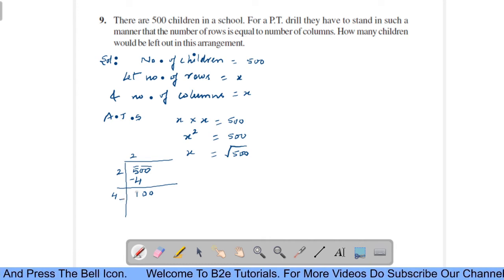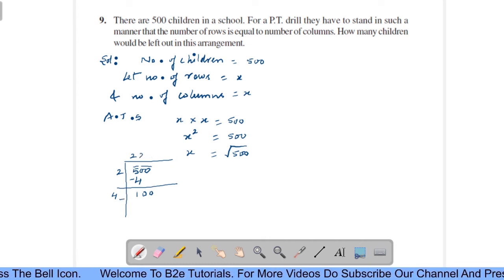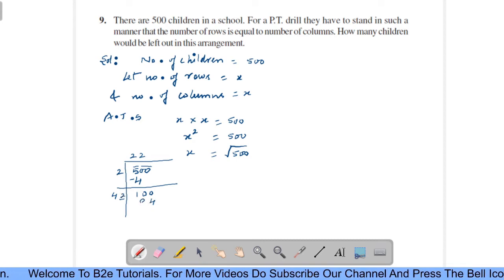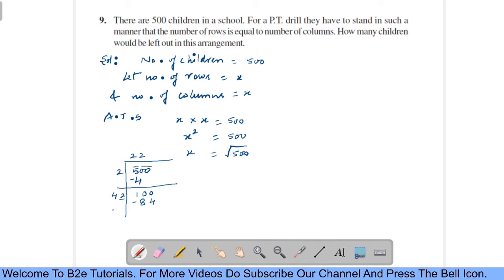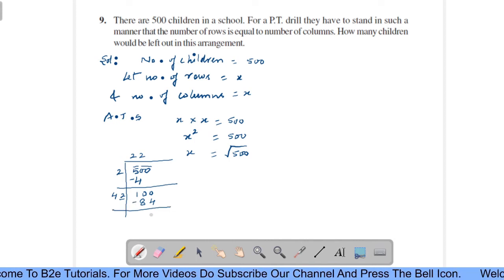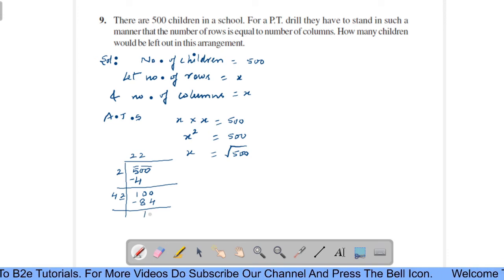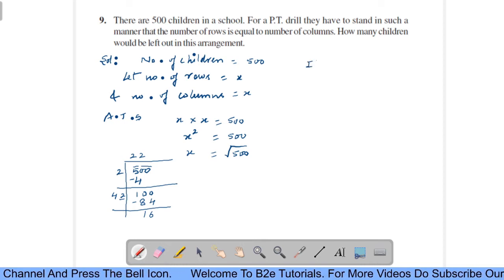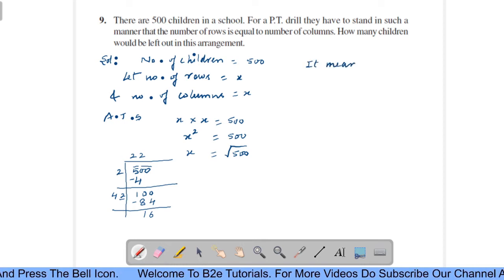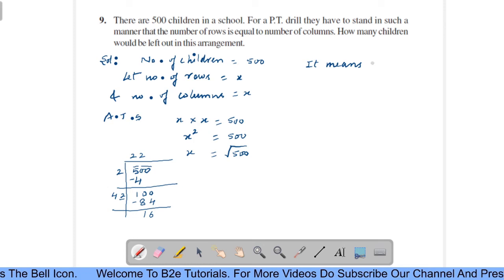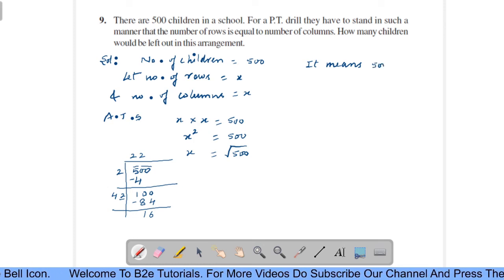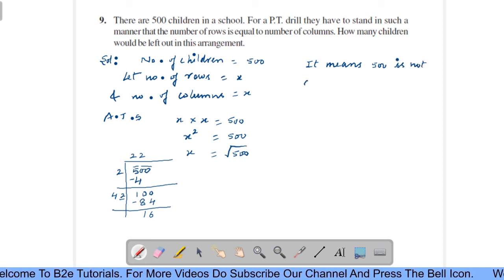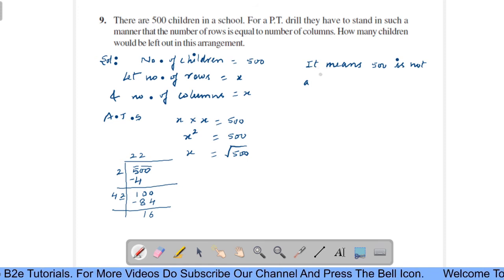Now how many times will it go? 2 times. 2 fours are 8. Subtract it. You will get 16. It means 500 is not a perfect square.